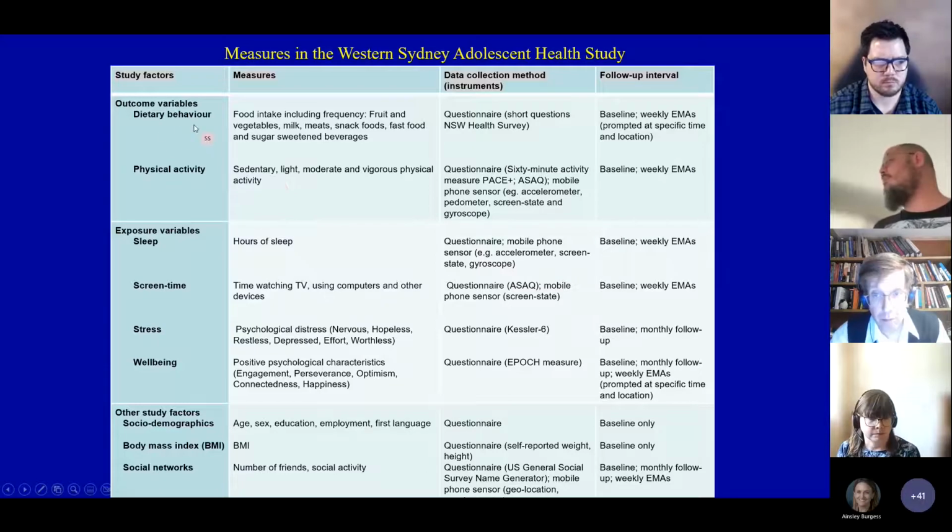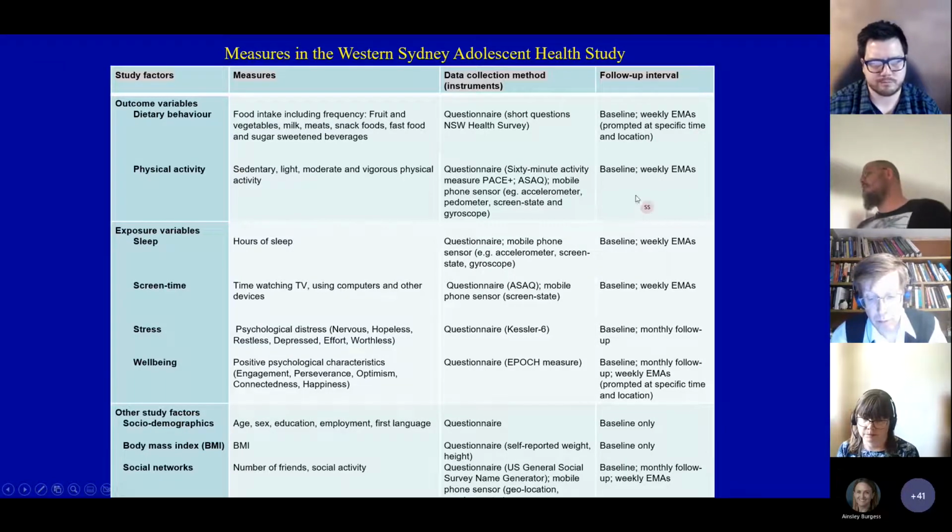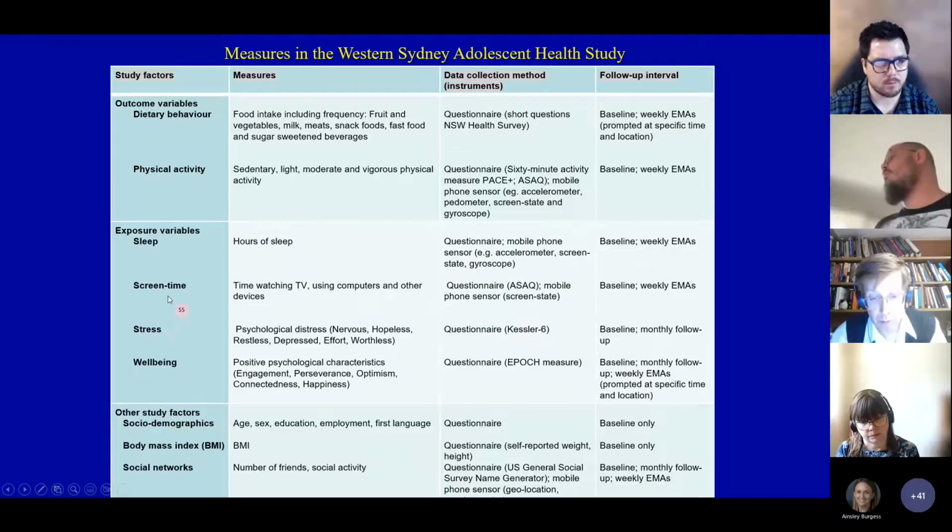Those are the questionnaires that we were using. For dietary behavior, we had the baseline and weekly EMAs. In physical activity, the baseline and weekly EMAs, those are the main outcomes. And we also had questions about sleep and screen time. The screen time was collected using both the questionnaire and the sensors.